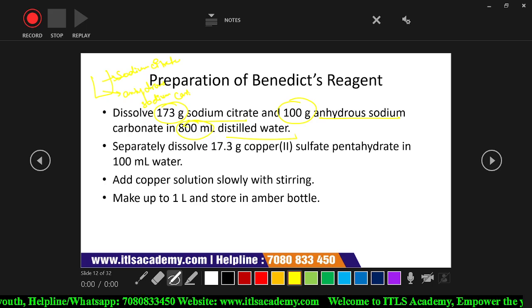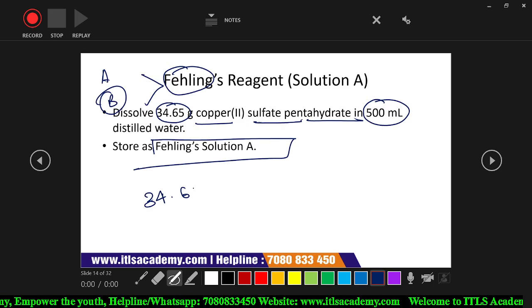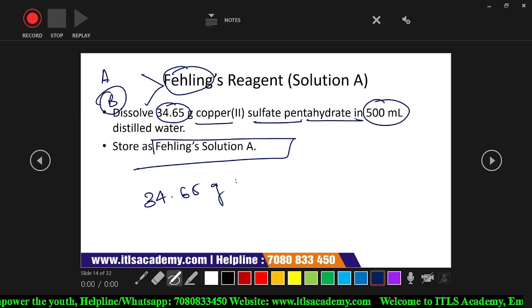When we prepare a Fehling reagent, we have to prepare it in 2 parts, A and B. So for A, we take copper sulfate pentahydrate, around 34.65 gram, and first dissolve it in 250 ml of distilled water.